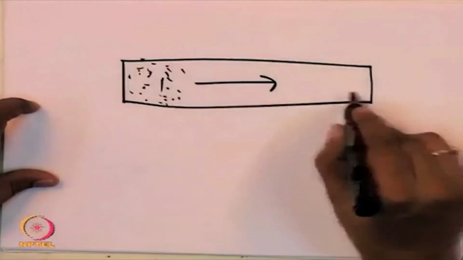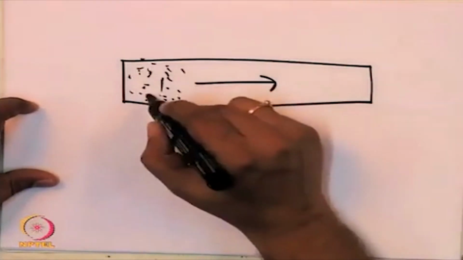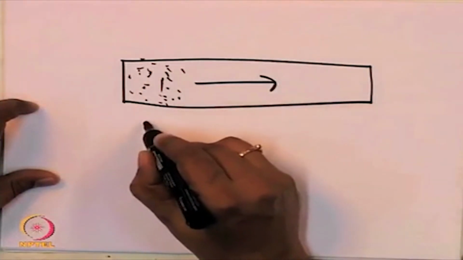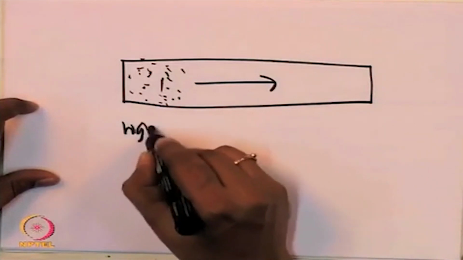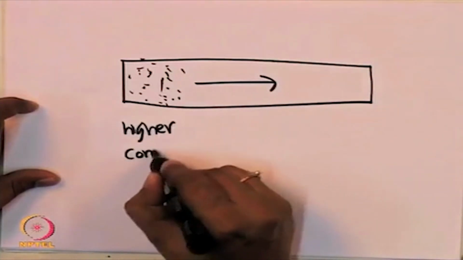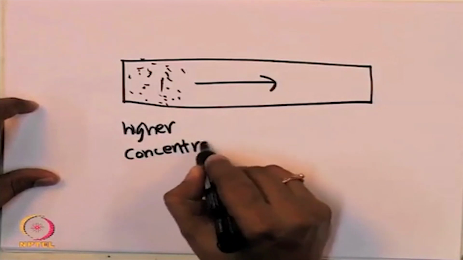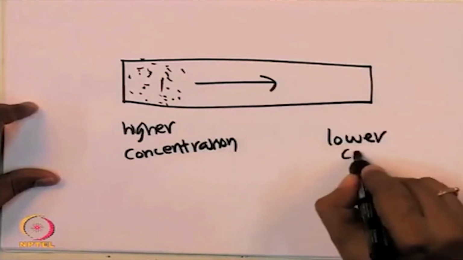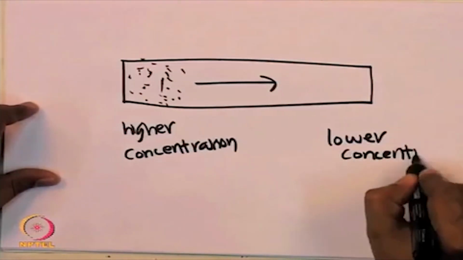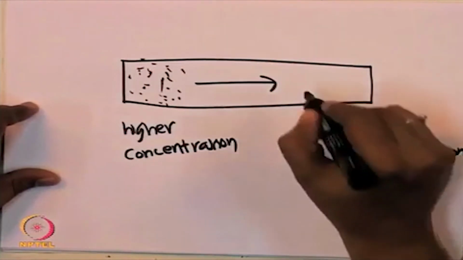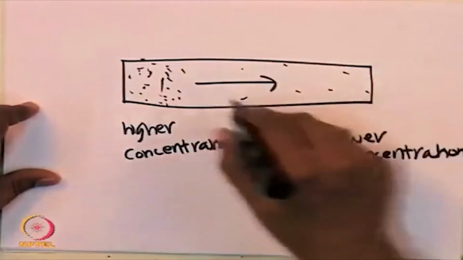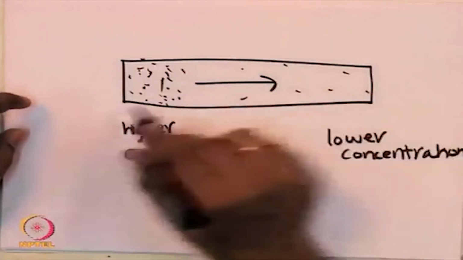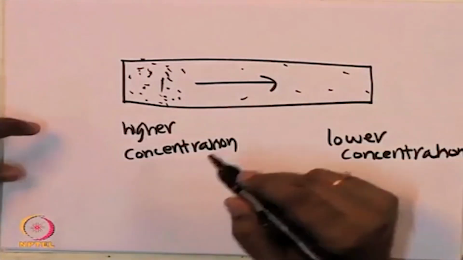They will flow at least this way, because here there is higher concentration, and here the concentration is 0. So, it will go from higher concentration to lower concentration. Even if there are only 1 or 2 molecules, they will keep flowing until the concentration is the same everywhere.